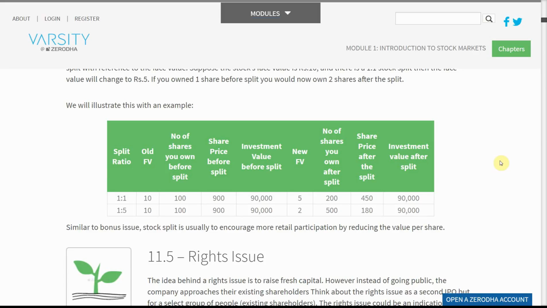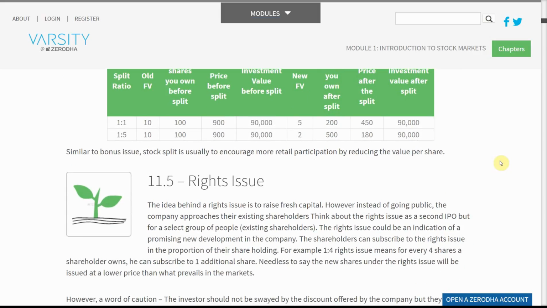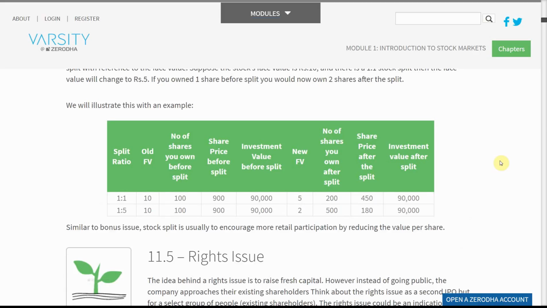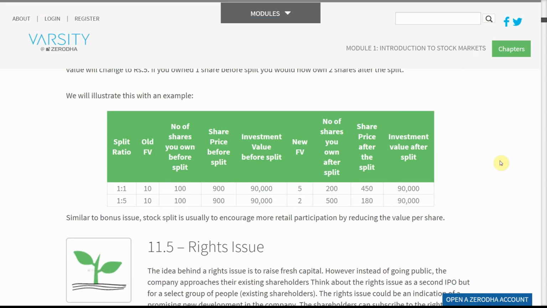Split ratio, old FV, number of shares you own before split, share price before split, investment value before split, new FV, number of shares you own after split, share price after the split, investment value after split. 1-to-1, 10, 100,000, 990,000, 5, 200,000, 450, 90,000. 1-to-5, 10, 100,000, 990,000, 2, 500,000, 180, 90,000.